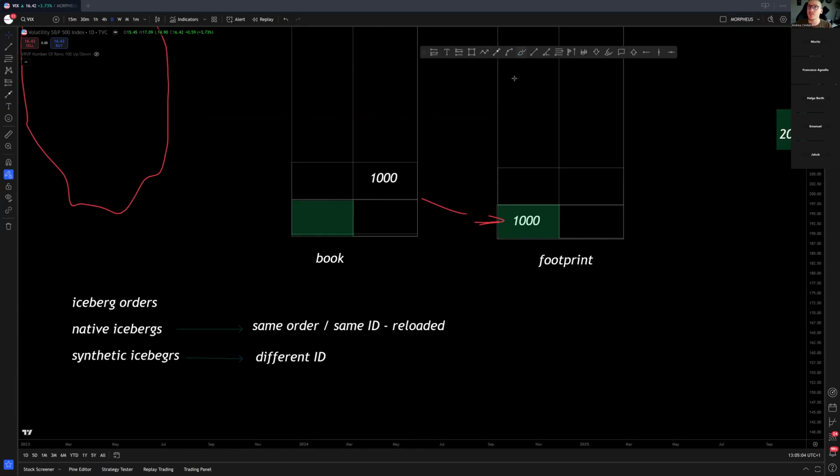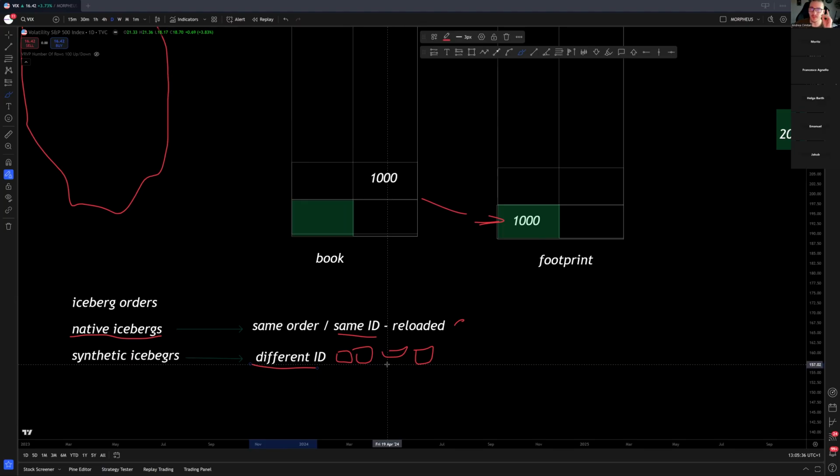So it's not the same order being reloaded, it's multiple 20 contract orders. So if you're a big market participant, a native iceberg will show your order to the market. People can see that you have the same order ID, so this is the same market participant. But if it's a different ID, people will not see it.